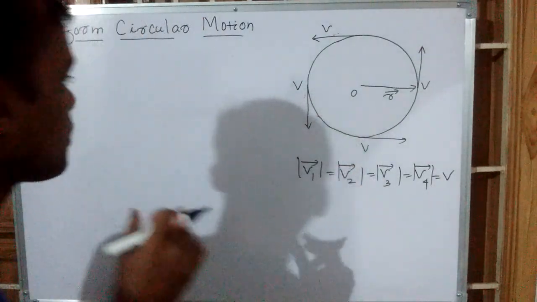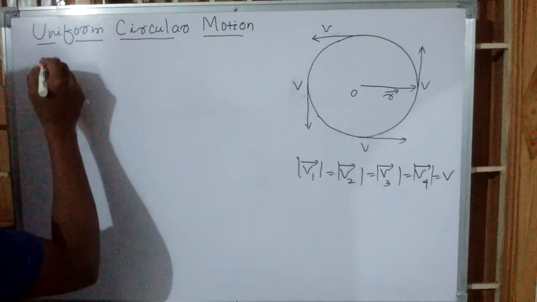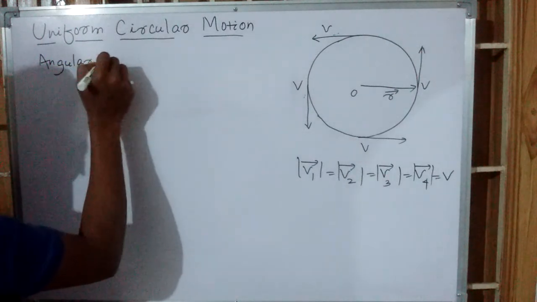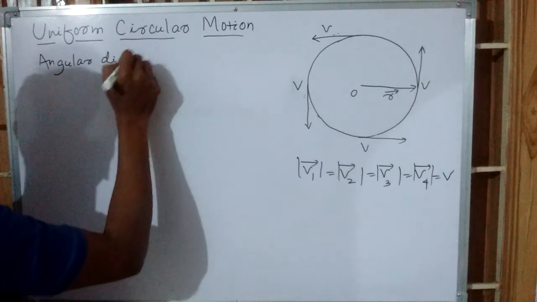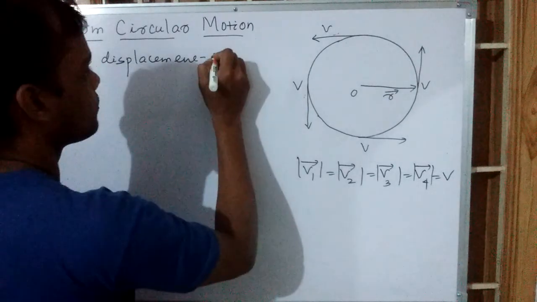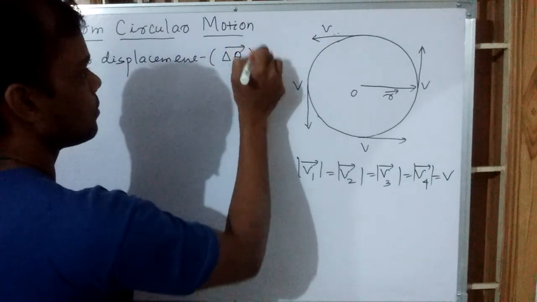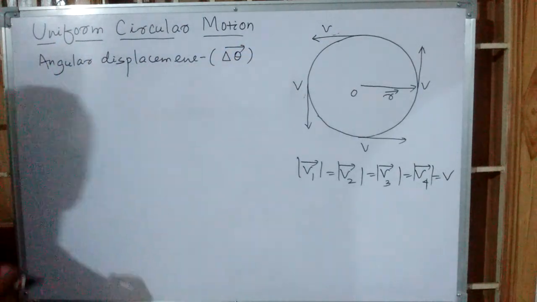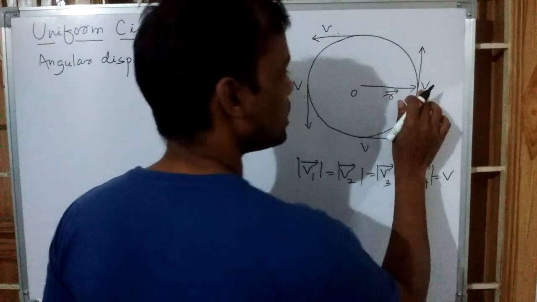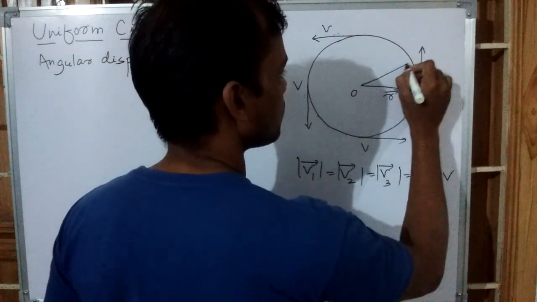Now let us first consider some things that we should know before going through in detail. What is angular displacement? That is theta, or del theta you can also say. Suppose the body initially was here, now it circulates, means after some time it will go to this point.